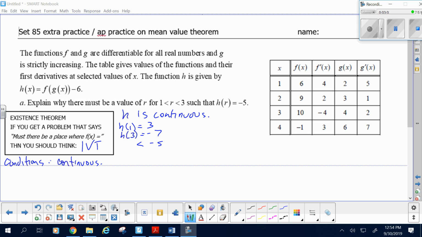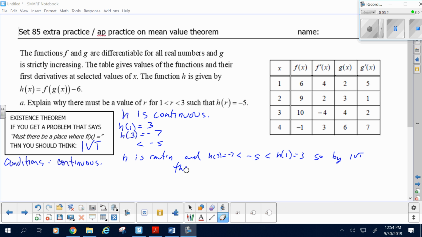Read me your conclusion, please. Did you say something like H is continuous and -5 is between H at 3, which is -7, and H at 1, which is 3. So by IVT, something like that. I don't know how you were taught to phrase this.